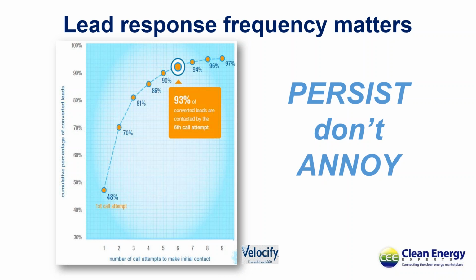So you want to be persistent, but you don't want to annoy them. You don't want to be calling them 10 times in 10 minutes, because you're probably going to have a homeowner that is either going to block your phone number, or they're going to pick up the phone and tell you to buzz off, or whatever transpires is probably not going to be good. You do not want to annoy somebody, obviously. So what is the call schedule you should follow? Next slide, please.